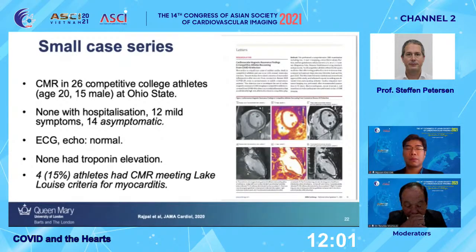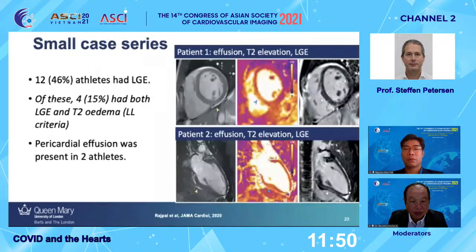The authors reported 4 of 26, or 15% of athletes, had CMR findings meeting the Lake Louise criteria for myocarditis. 12 of 26 athletes, or 46%, had late gadolinium enhancement, but just 4 of these also had T2 edema showing in these images. Pericardial effusion was present in 2 athletes.